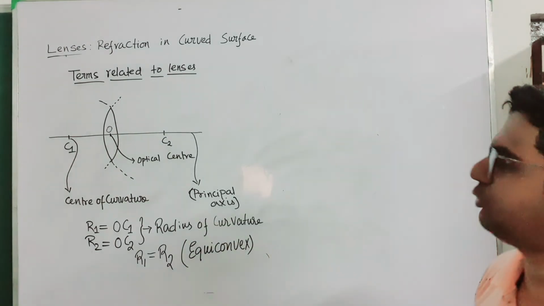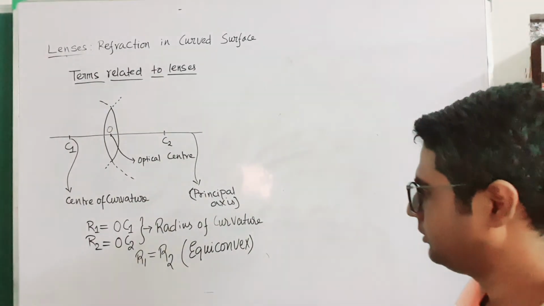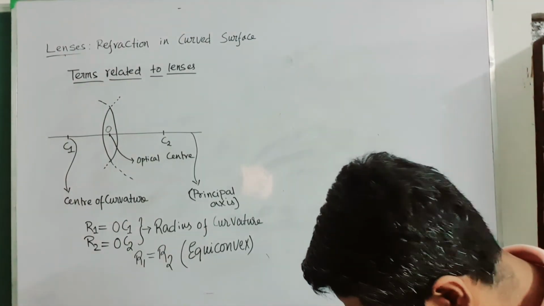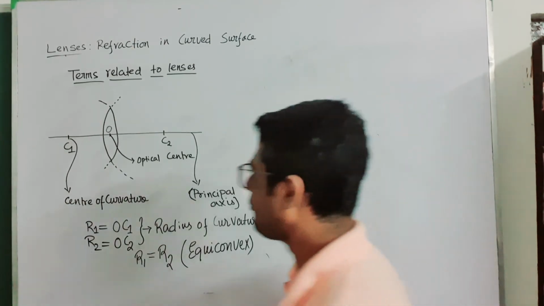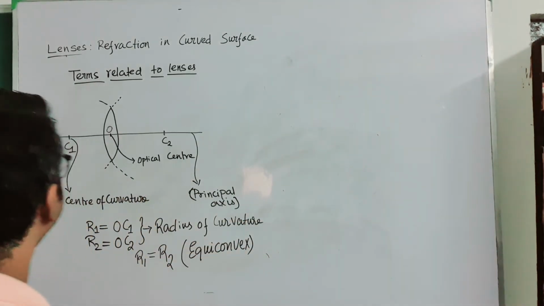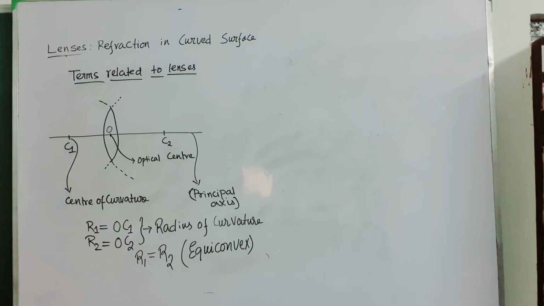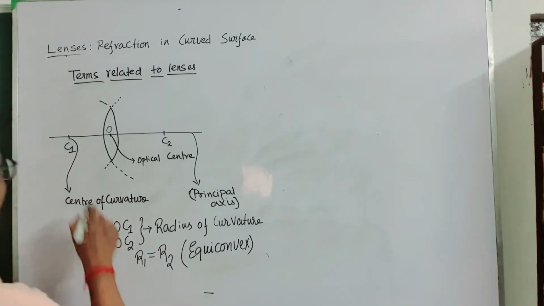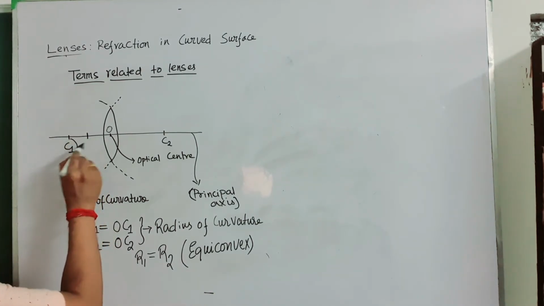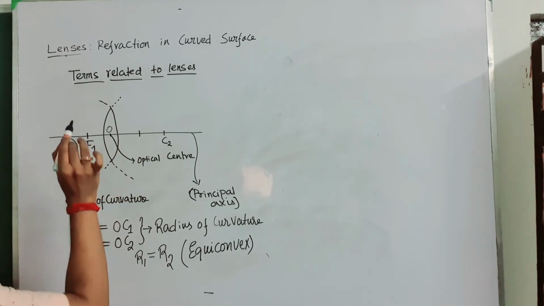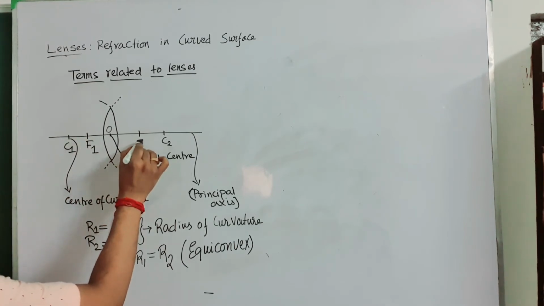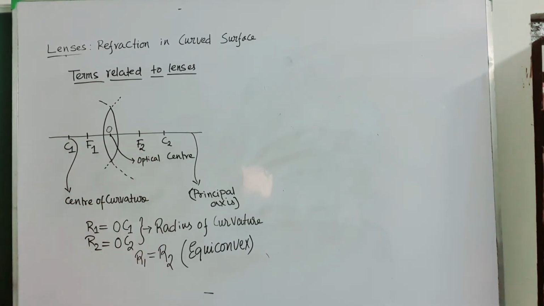Then what is focus? Focus and focal length. देखो, mathematically, focus is the midpoint of OC1 and OC2. This part is called F1 for a convex lens and this is called F2 for a convex lens. We will deal with focus separately.